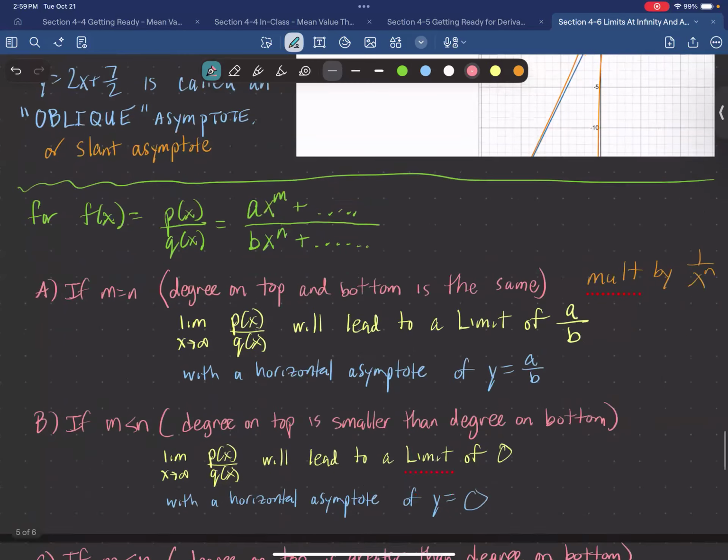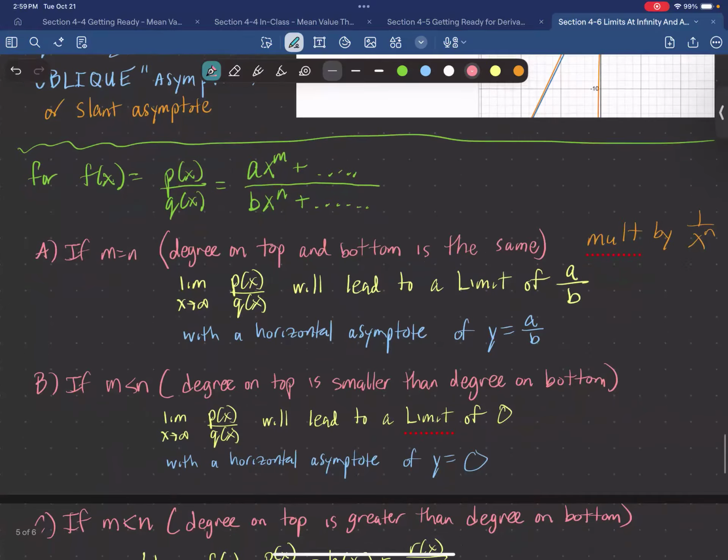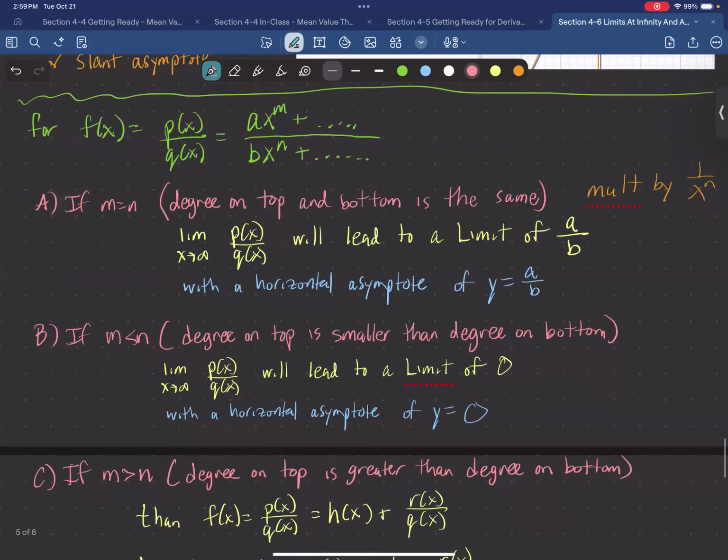The third scenario is when I need to change the sign here. If m is greater than n, or top is greater than bottom for degrees, we can rewrite using polynomial long division, or if you can get away with it, synthetic division.